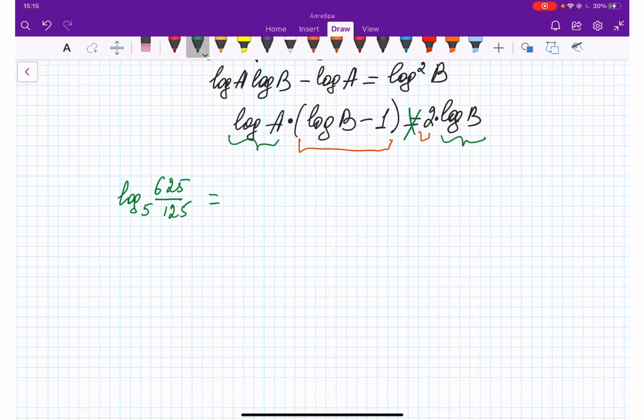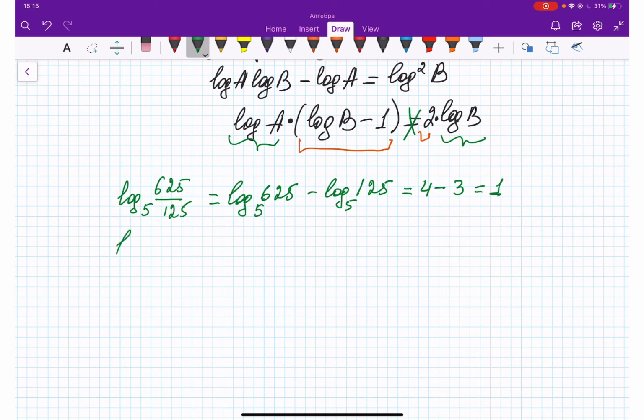It's going to be equal to logarithm 625 by base 5 minus logarithm 125 by base 5. You can take any logarithm, any base. I just took the ones that are easy to work with, so that there is a whole number result. So 5 to the power 4 is 625, and 5 to the power 3 is 125. So the result is equal to 1.